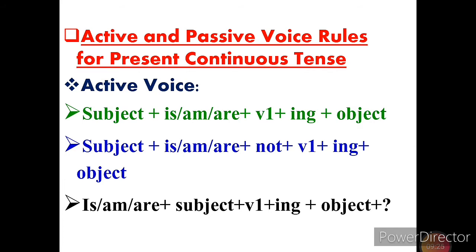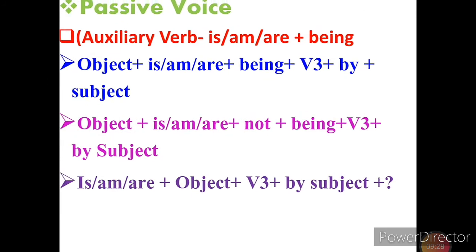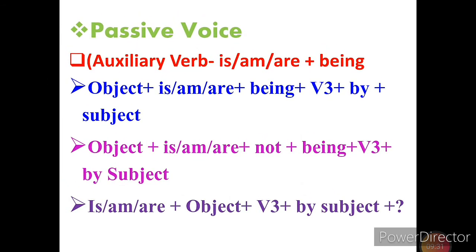So when we change this into passive structure, we will see here. Remember, auxiliary verb is very important. Object, is, am, or are, being is introduced, past participle, preposition by, and subject. Now, in the second structure: object, is, am, or not, being, past participle, by subject.